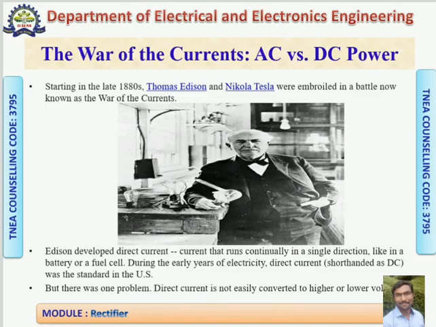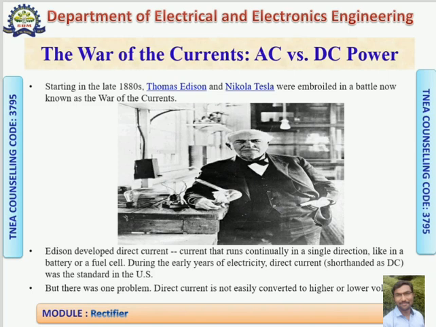Starting in the late 1880s, Thomas Edison and Nikola Tesla were involved in a battle now known as the War of Currents. Edison developed direct current that runs continuously in a single direction, like in a battery or a fuel cell.